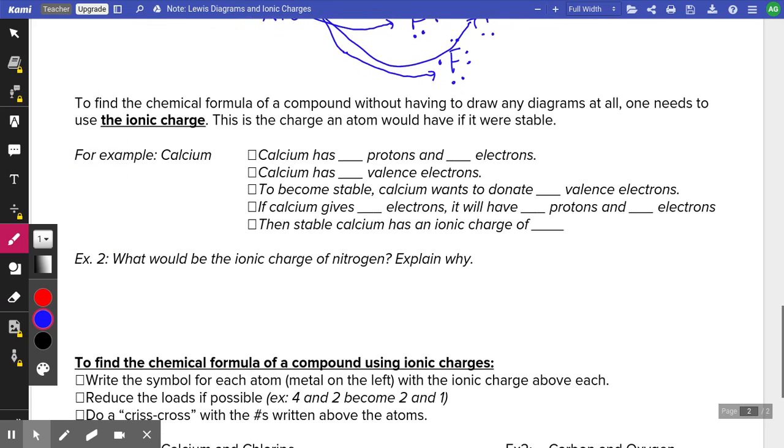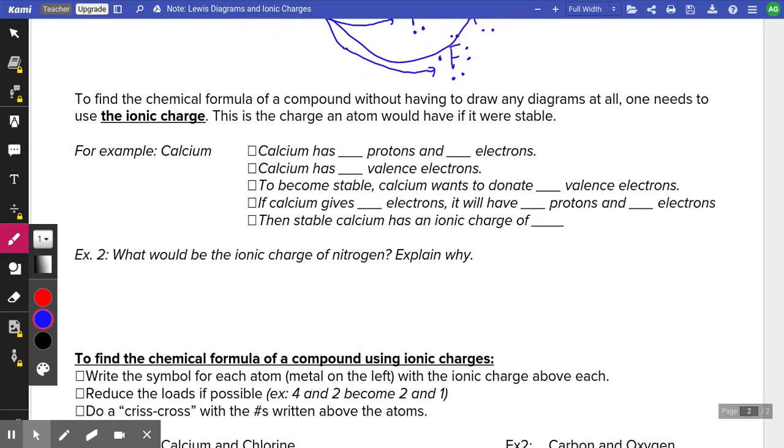Okay. You can do this without having to draw Lewis diagrams. So you can figure out what the chemical formula is of a given ionic compound without actually having to draw the Lewis diagrams. The way that you do that is by using ionic charges. Okay. So an ionic charge is the charge that an atom will have if it's stable.